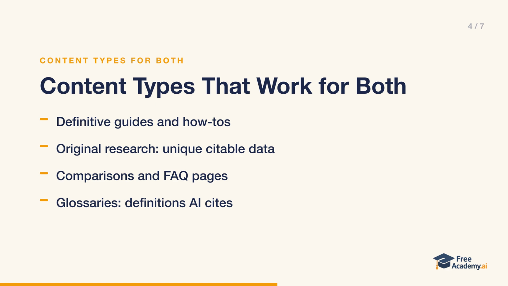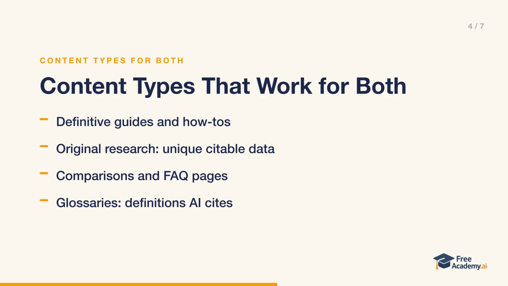Definitive guides rank for broad topics and contain many citable facts. How-to articles capture how-to queries and provide step-by-step answers AI can relay. Original research attracts backlinks for SEO and offers unique citable data that nobody else has, which makes it especially valuable for GEO. Comparison posts rank for A versus B queries and give AI specific recommendations to quote.